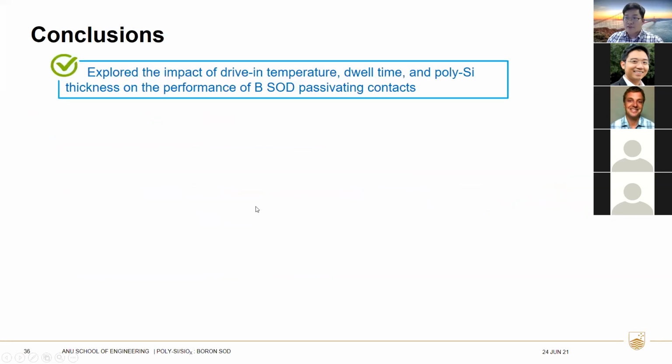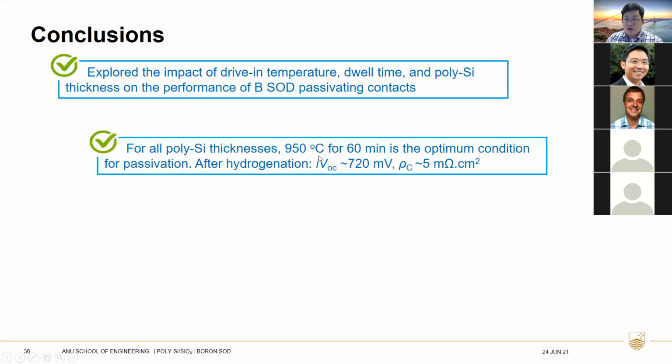So as conclusions, here we explore the impact of driving temperature, dwell time, and polysilicon thickness on the performance of boron spin-on doped passivating contacts. For all polysilicon thicknesses, 950 degrees for 60 minutes is the optimum condition for passivation.